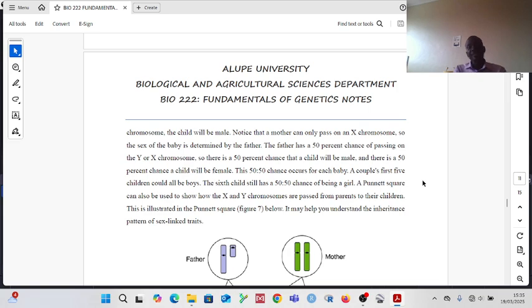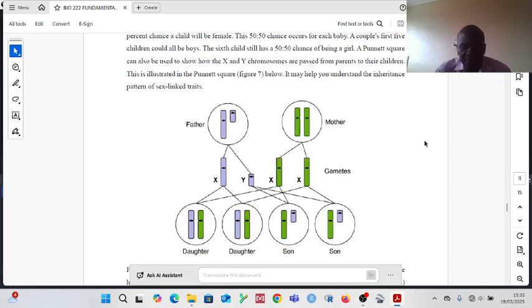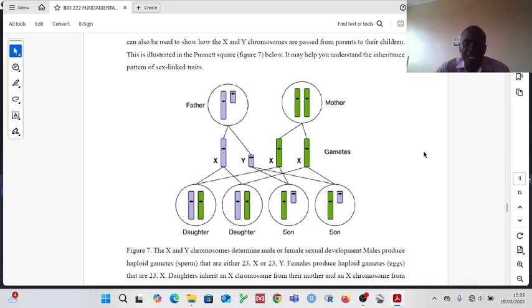There is an interesting bit. You have an illustration on figure 7 to show you there is a father. The small one is the Y chromosome. The father has a big X and a small Y chromosome, but the mother has two X chromosomes, which are homologous, they are equal. So any of the offspring who gets the small Y chromosome automatically becomes your male child.